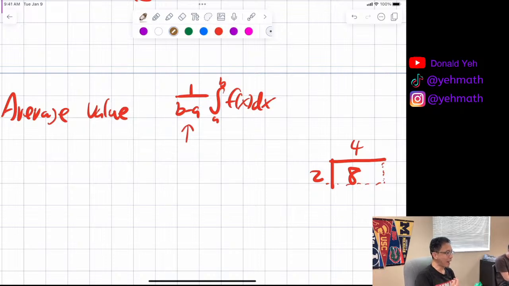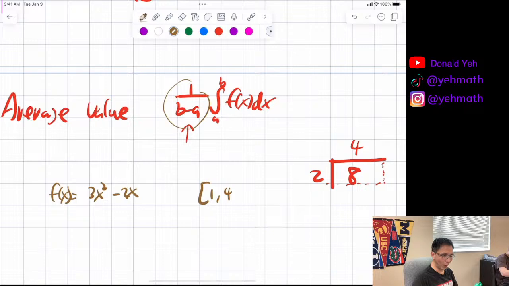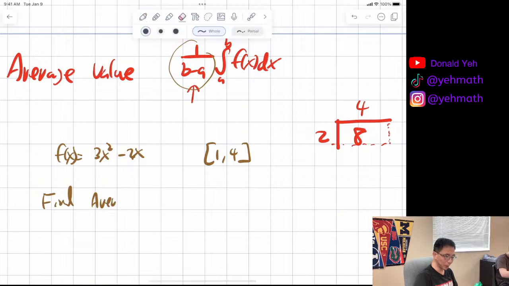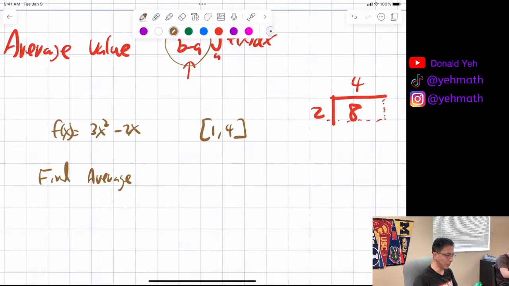So what do we mean by average value? Why do you have 1 over b minus a in the front? For example, if I have f of x equal to 3x squared minus 2x, and an interval from 1 to 4, and I ask, can you find the average value? The meaning of average value is more important than the calculation, because everybody can do the calculation.